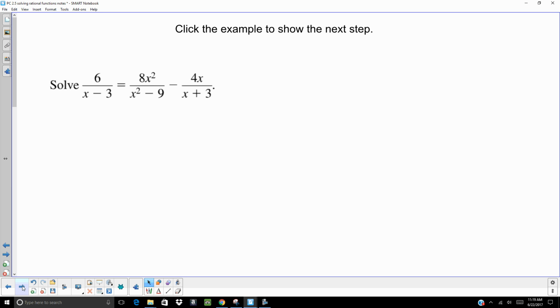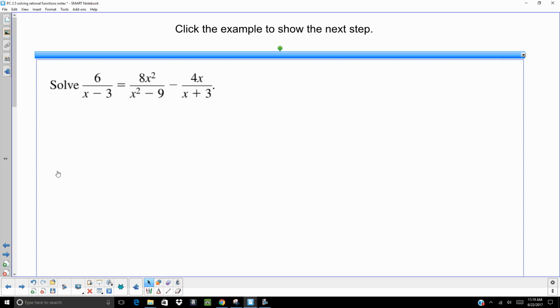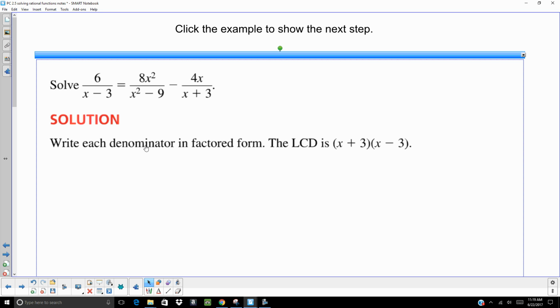All right, this is kind of a challenging problem. You have x squared minus 9. I would probably think of that as x plus 3, x minus 3. So, which is what they did, write each denominator in factor form.